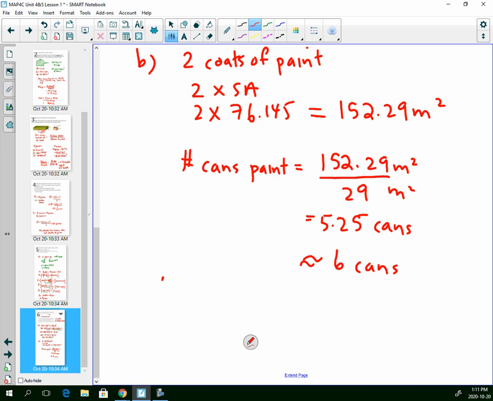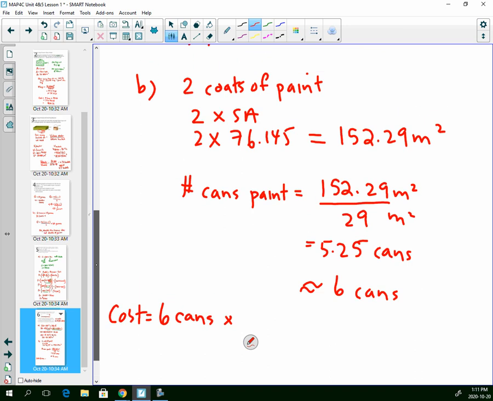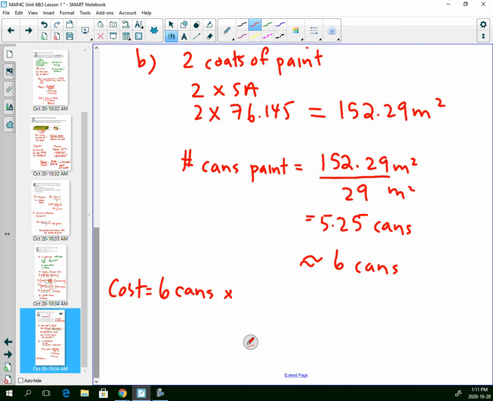And then once we have the number of cans we need, we can then multiply by the price per can, which is $34.99. So we'll just multiply 6 by $34.99, and we get $209.94.